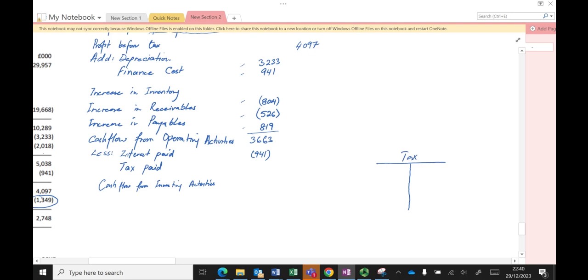So the opening balance of the tax is 1,145, because it's a liability, therefore the balance will appear on the credit side. The closing balance is 1,349.